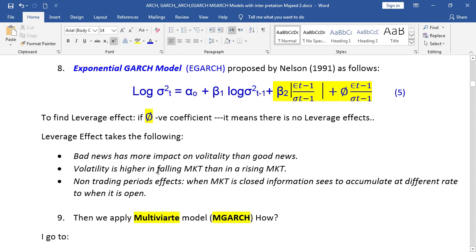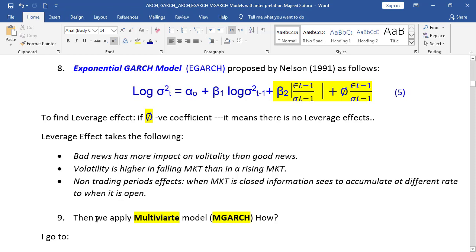Volatility is higher in a falling market than in a rising market. Non-trading period effect: when the market is closed, information ceases to accumulate at a different rate to when it is open. We are going to explain this when we use eViews, with the interpretation of the outcome.